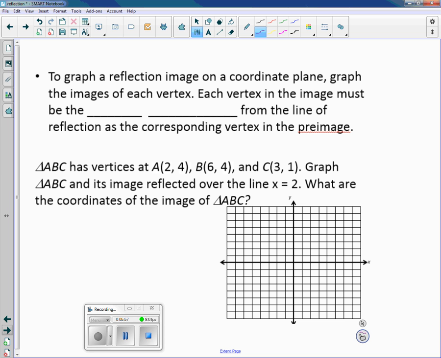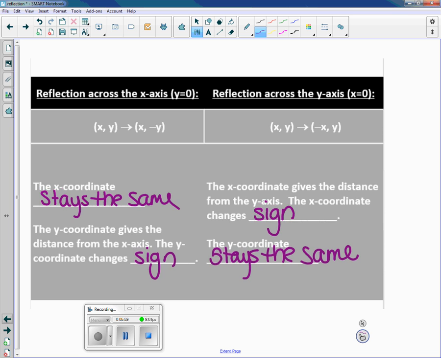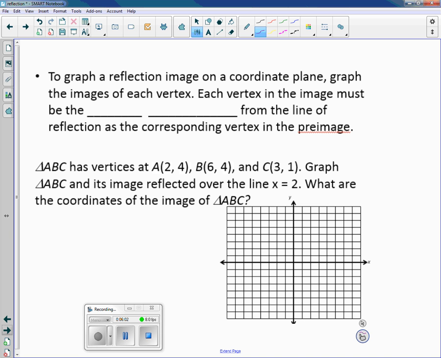All right. To graph a reflection image on a coordinate plane, graph the image of each vertex. Each vertex in the image must be the same distance from the line of reflection as the corresponding vertex in the pre-image.